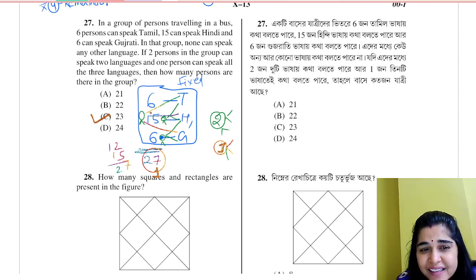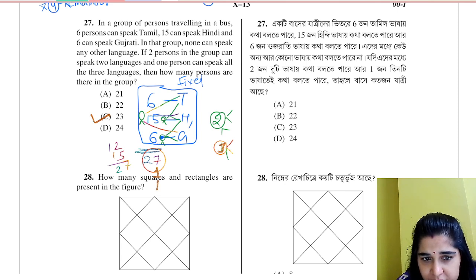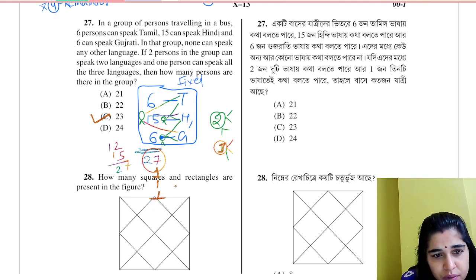One person who is speaking the 3 languages. So there are 2 persons and one person who is speaking 3 languages. So 3 persons will be minus. So what will be? 24.